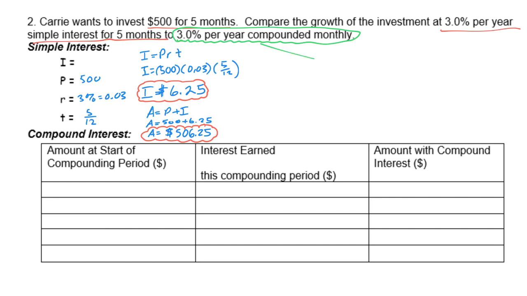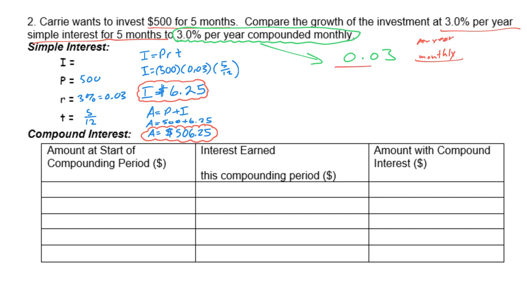That 3% compounded monthly is calculated as such. So think about it. You have 3% per year. 3% is represented as 0.03. But this thing is compounded monthly, right? Per annum, it says per year compounded monthly.